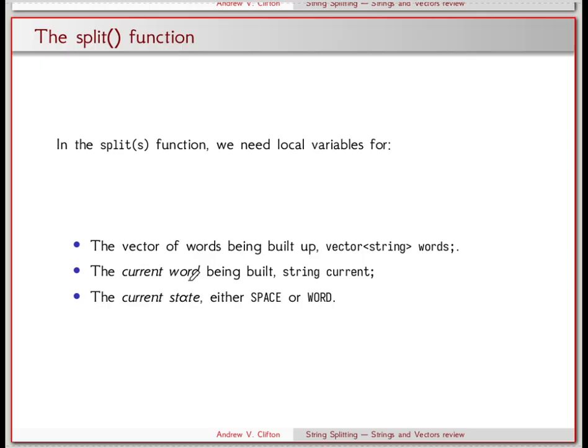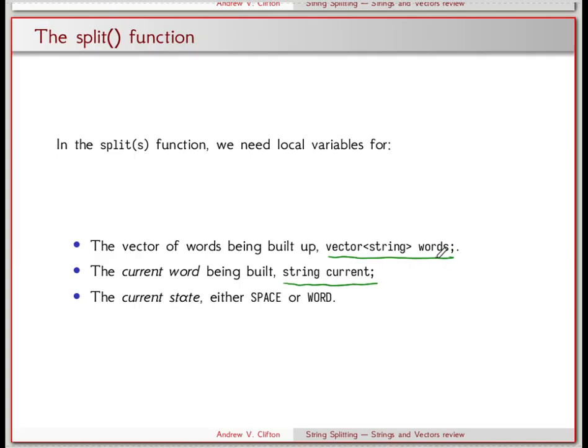Okay. So inside of our split function, we're going to need variables other than the C variable that is for the character and the S variable that is for the string. We're going to need to add a variable for the vector that we're going to return. If we're going to return a vector, it makes sense that we would have a variable that is that vector. But in addition to that, I need a string for the word that I'm building up.